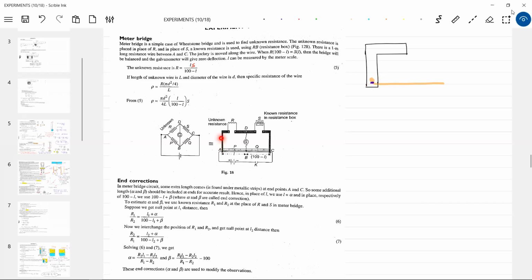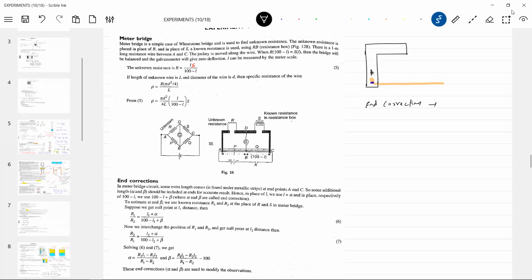Not like the end correction is due to this black color strip. No, the end correction will come at A and C. So what are end corrections?